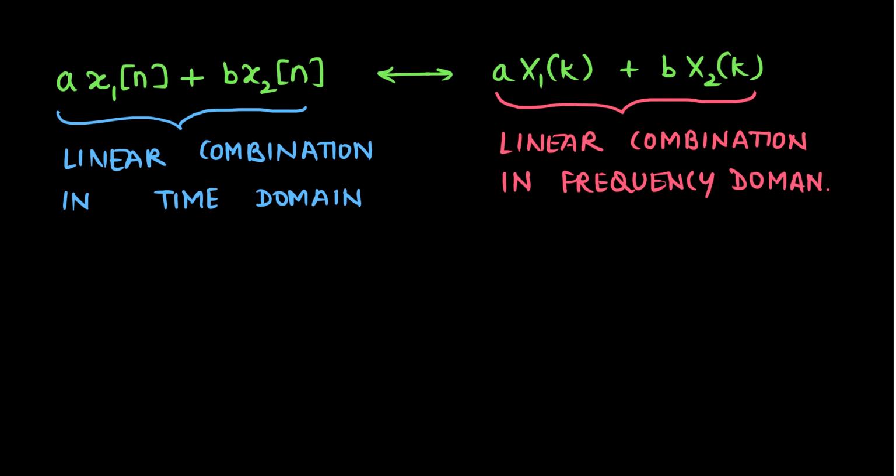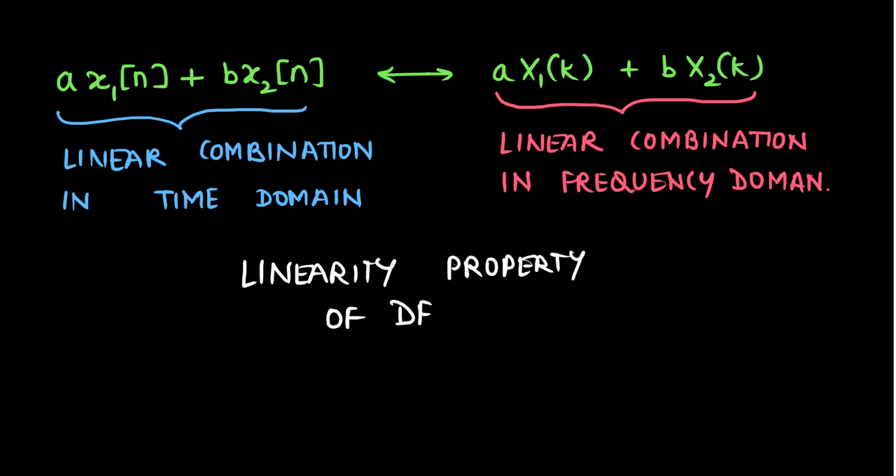And when we are considering this linear combination, the constants that we are getting, that is a and b here, are the same, and this is known as the linearity property of discrete Fourier transform. So this is the linearity property.